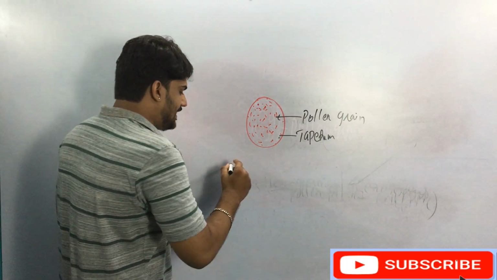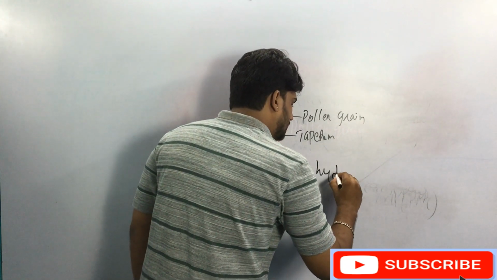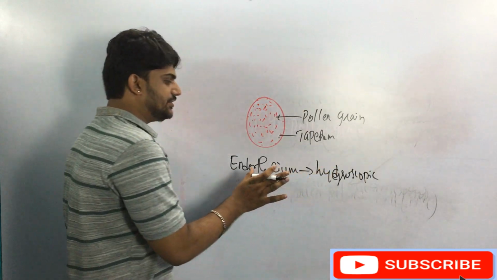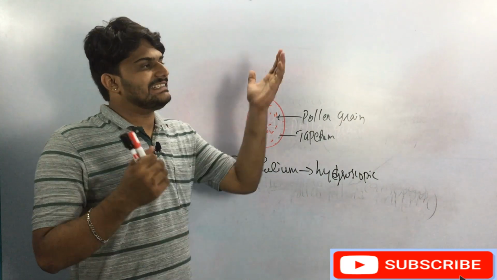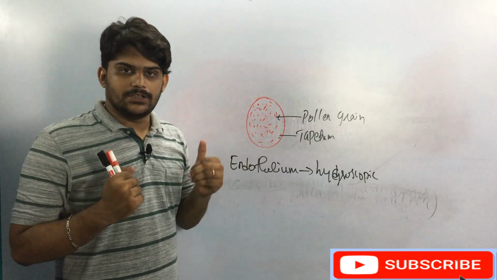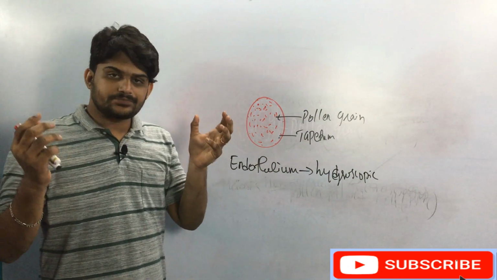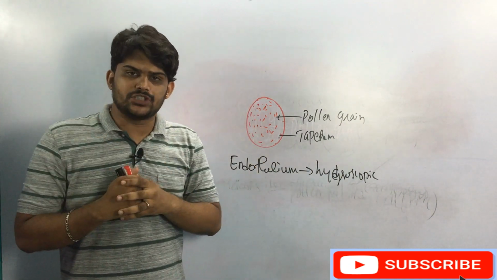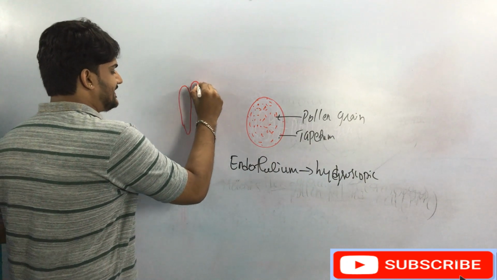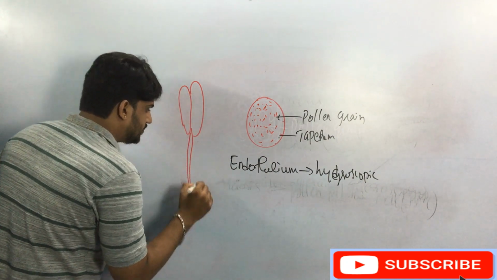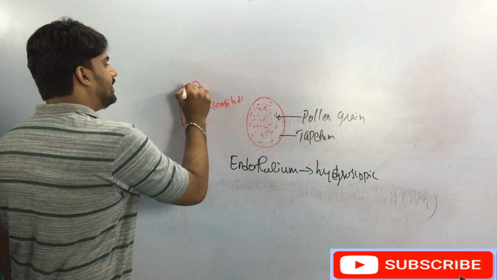The endothecium is hygroscopic in nature, so it pulls moisture from the air, and due to this moisture absorption the anther is going to burst open, either longitudinally or at the top of the anther.